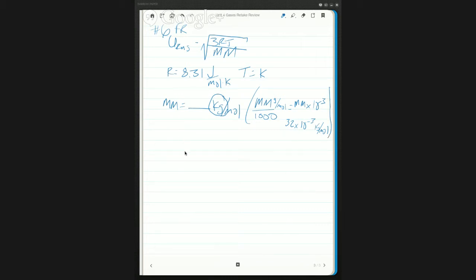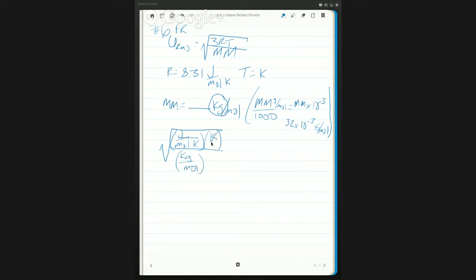All right, so now there's another thing here. Let me write down all of the units and see how you do with that. We have R, the units of which are joules over mole Kelvin, times temperature, which is Kelvin, divided by molar mass, which is kilograms per mole.